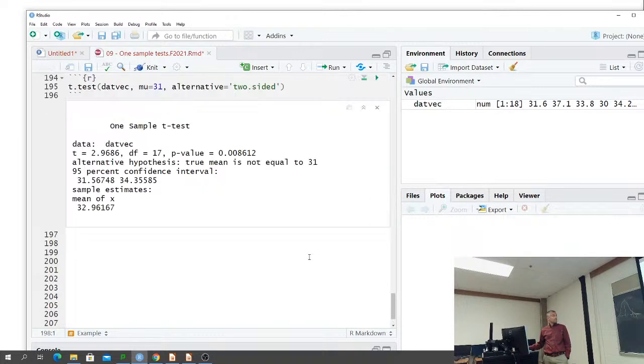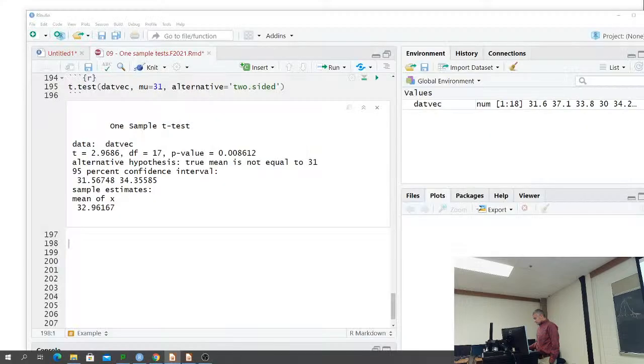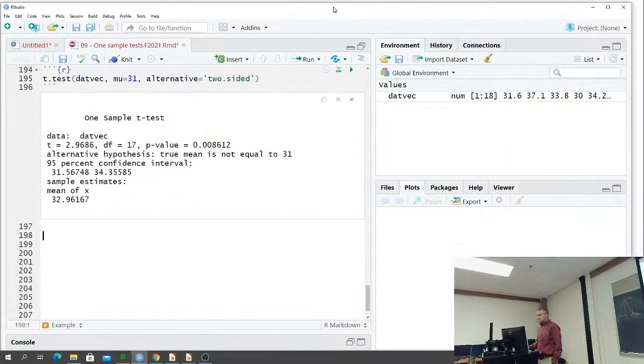So if you run it, you'll get this output. All right, so this is the output. So let's see the output. This is the output of a statistical test. We've seen one before, which was the Shapiro-Wilk test.